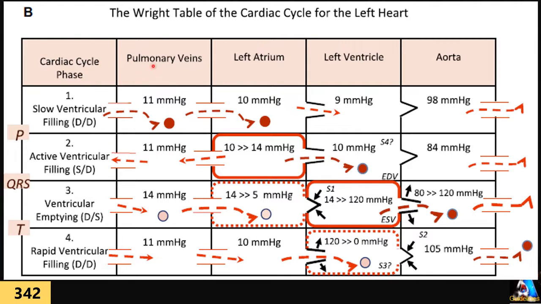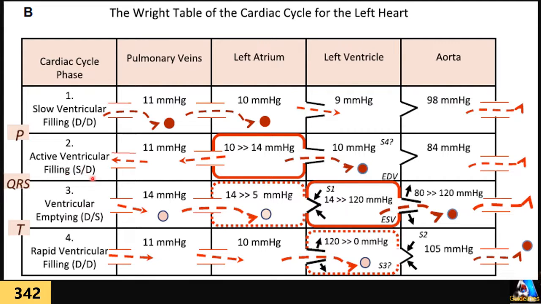In that situation, pulmonary vein pressure is higher than left atrium, so blood goes, but without too much difference, but it still goes from the pulmonary veins to the left atrium. And during that time, the left atrial pressure is still higher than the left ventricle, but again not by much. That is the reason we call it slow ventricular filling, or diastasis. A little blood goes in. To the aorta, pressure is high, blood doesn't go anywhere out.